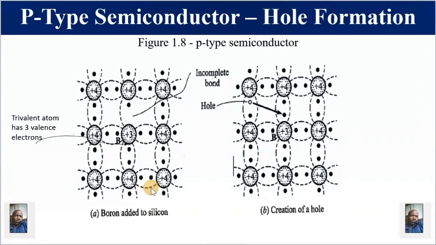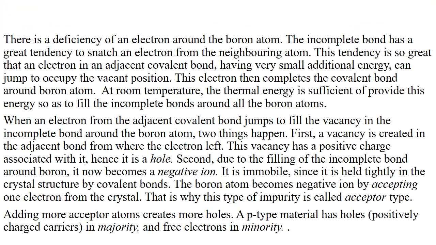We are now going to have a look at hole formation in a P-type semiconductor. We are doing an explanation of hole formation, and I think I can add 1 or 2 things to that. We have said a vacancy is created on an incomplete bond and we call it a hole, and we are saying if we add more trivalent atoms, we are going to have more holes, and we can only have electrons due to thermal agitation.